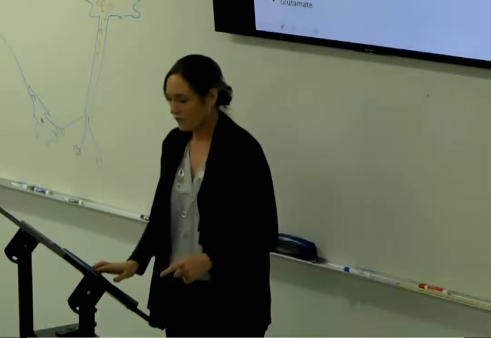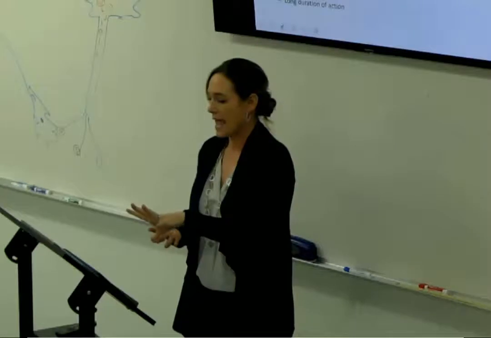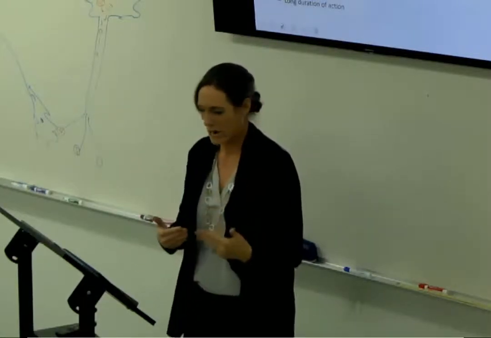So endorphins are feel good. Substance P, I like to name it substance pain. Substance P is pain. If something causes damage, substance P is released, and it's slow to build up because the neurotransmitter almost trickles out.